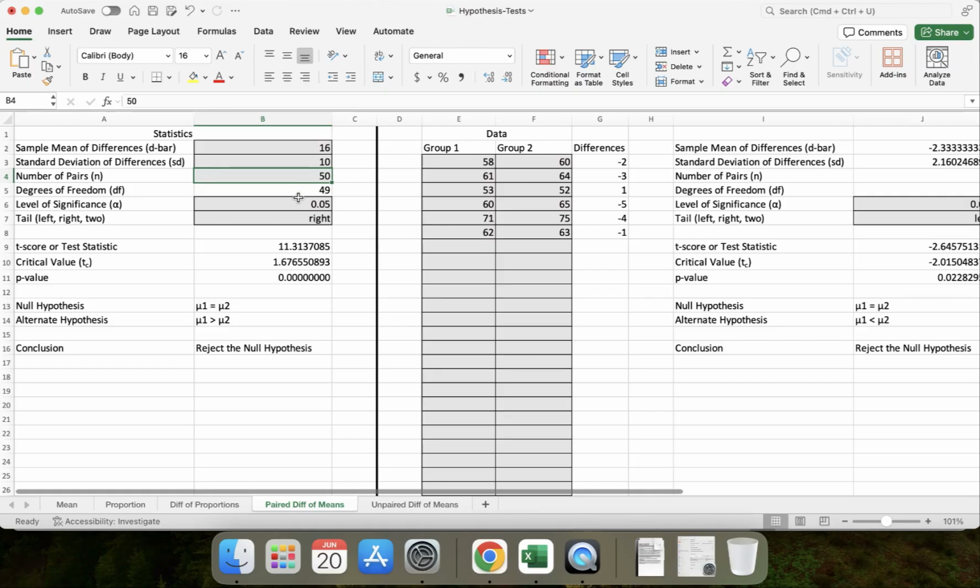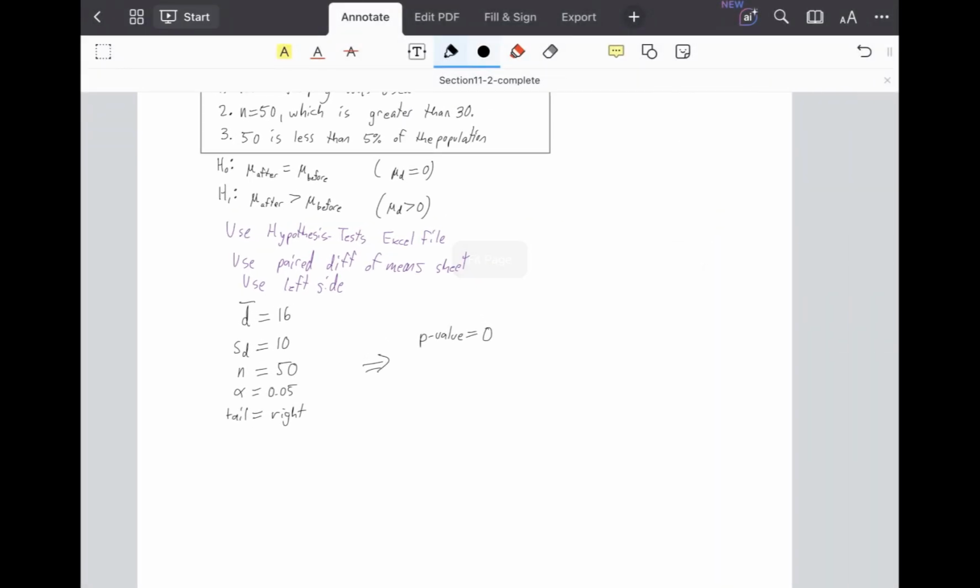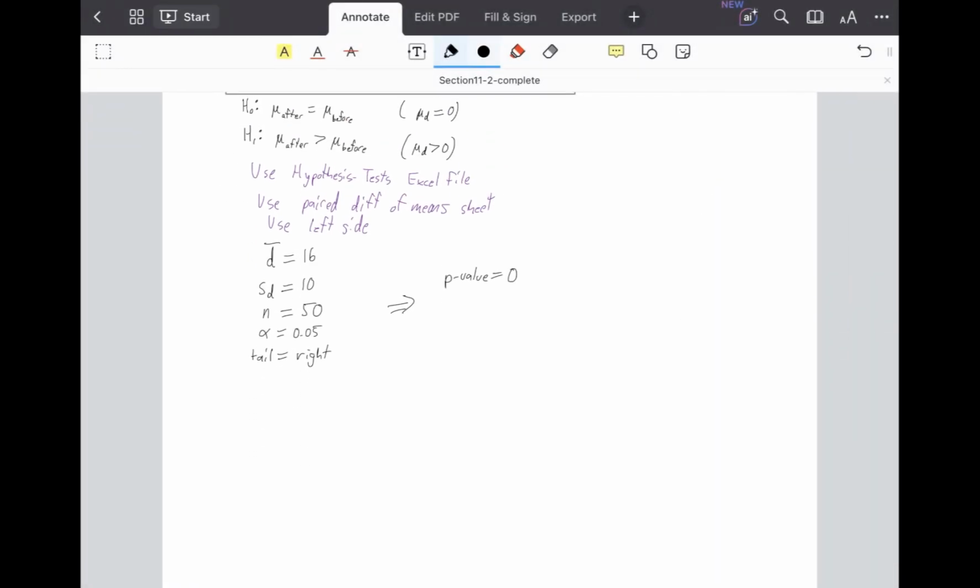Huh, okay, so the p-value is just about 0, which would mean that we would reject the null hypothesis. Okay, so from this one, just right here, the p-value is definitely less than 5%. And so we reject the null hypothesis.